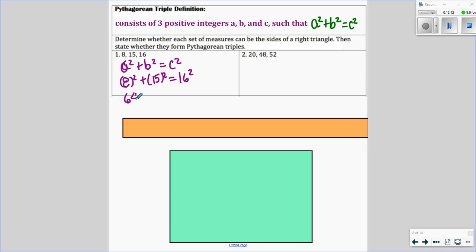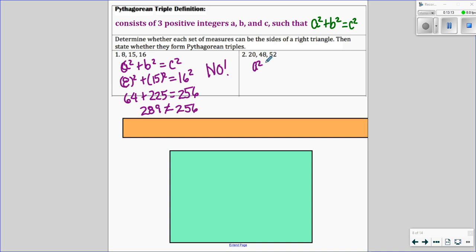So now I have 64 plus 225 equals, make sure that one comes out to 256. When you add up the 225 and the 64, you'll get 289, but that is not equal to 256. So no, not a triple.